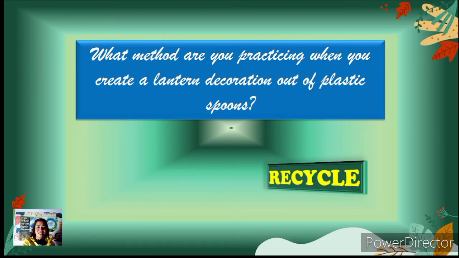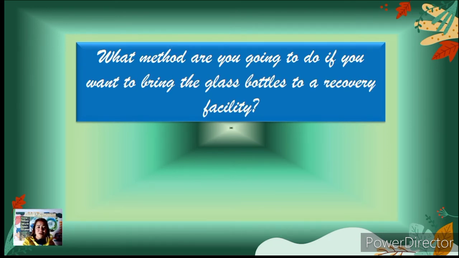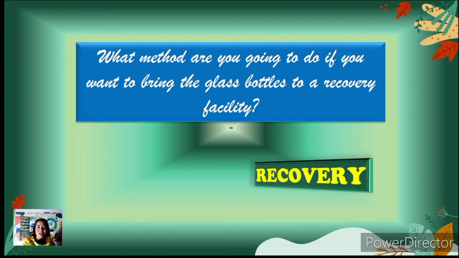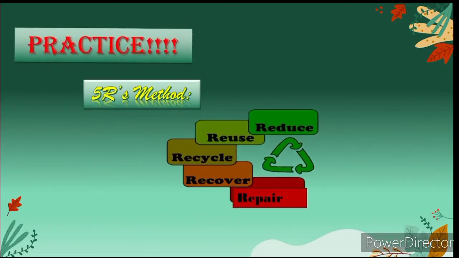Very good. Recycle. You want to dispose of some glass bottles because you cannot use them anymore. What method are you going to do if you want to bring the glass bottle to a recovery facility? Recover, correct.